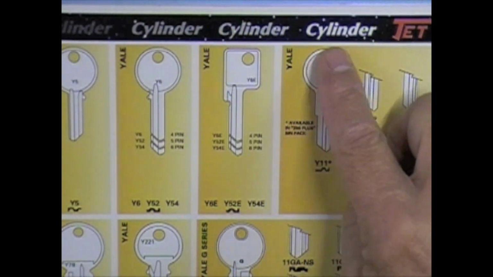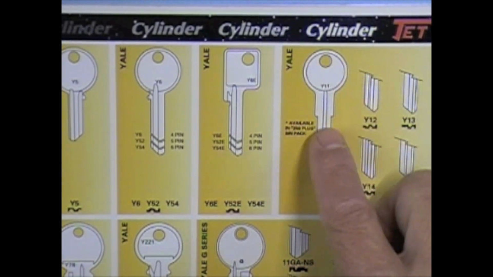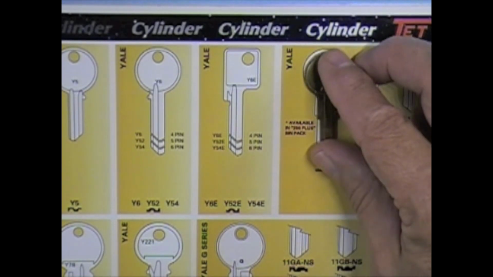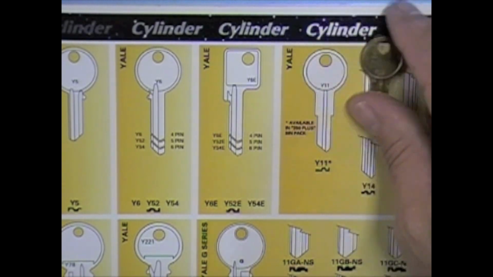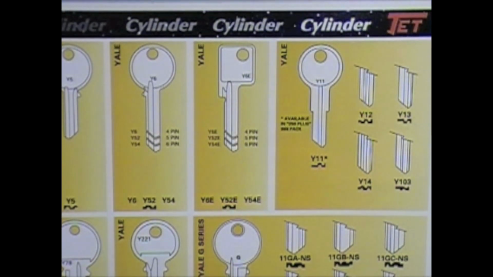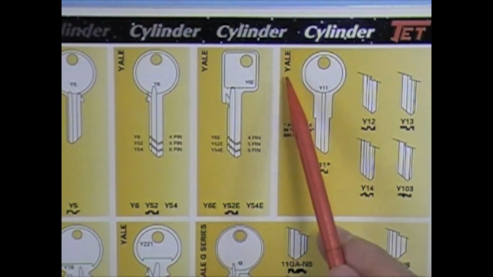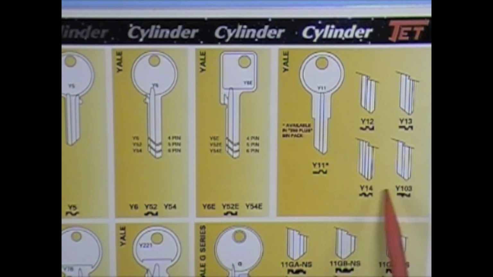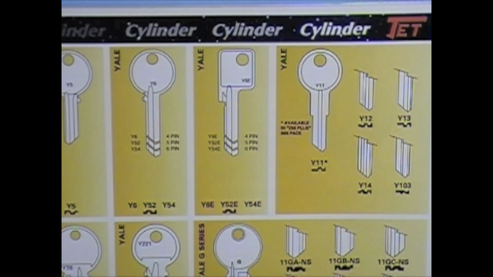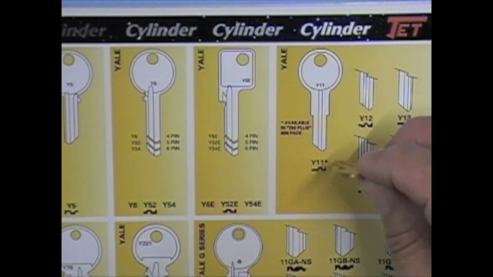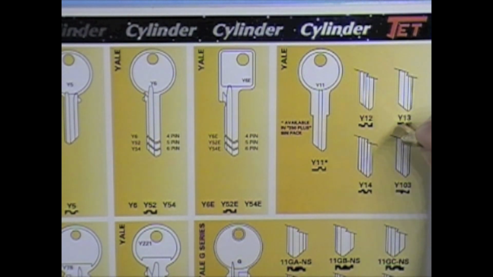Pretty sure that this one here, see it's a round bow, 2 shoulders. Let's see if it'll fit that. And it does. Now we'll notice even with this key, which is a Yale key, there's several different millings for that key. So we'll need to look and see which one of these it is.